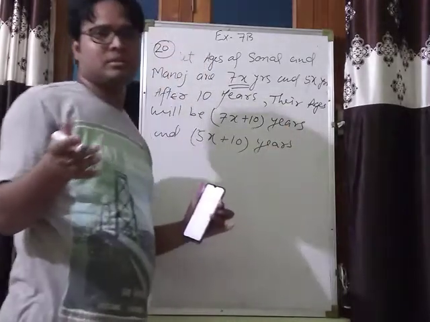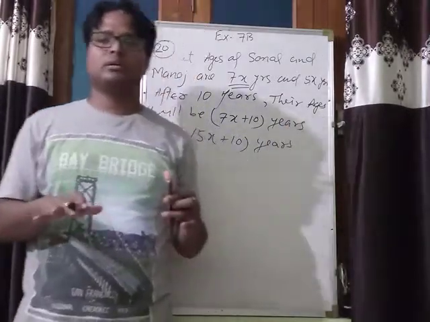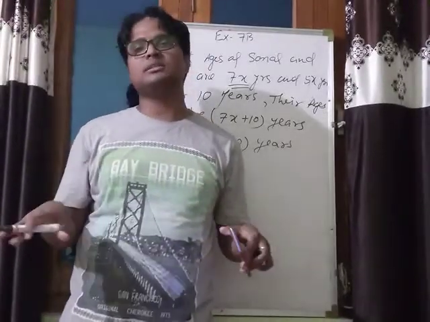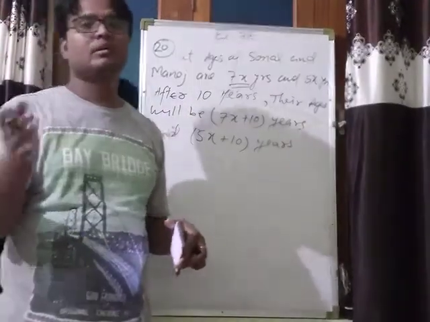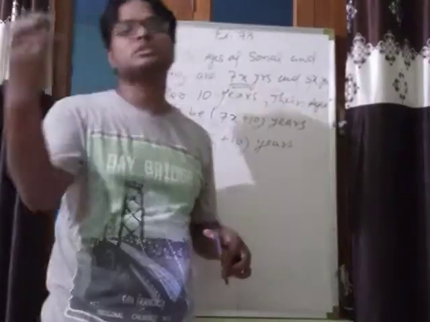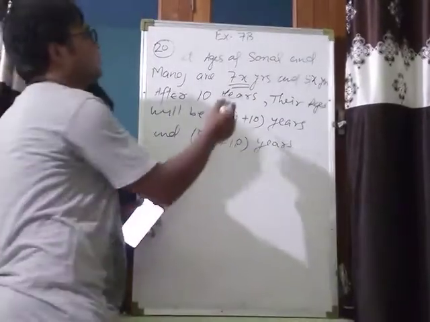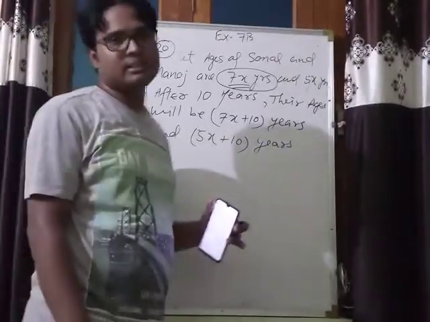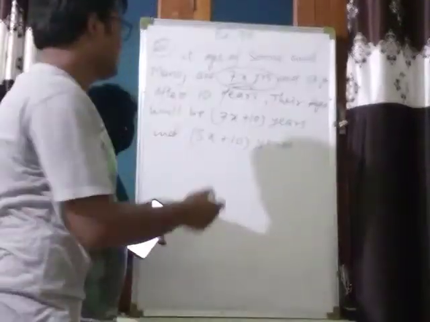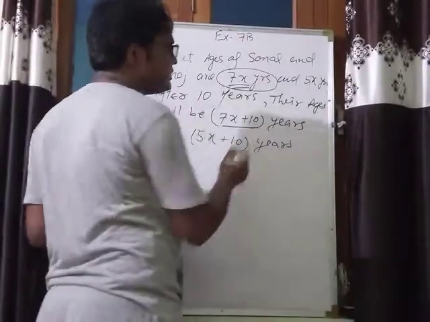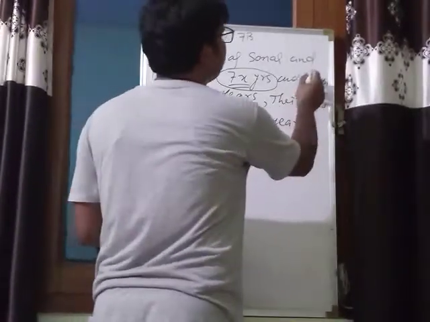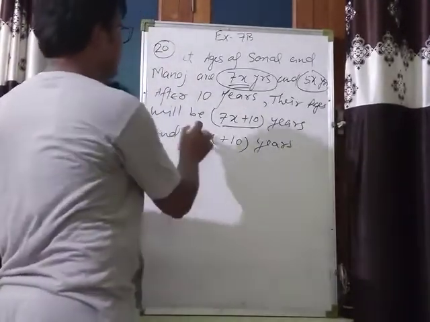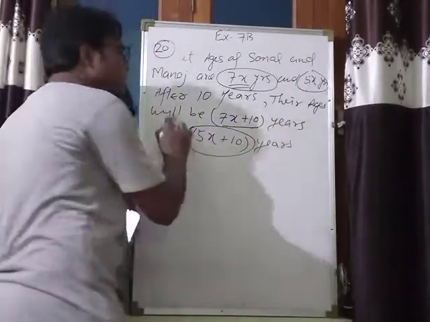If today my age is 30 years, then after 10 years I will be 40 years old. Why? 30 plus 10. So at present the age of Sonal is 7x years, so after 10 years her age will be 7x plus 10, and the present age of Manoj is 5x years, so after 10 years his age will be 5x plus 10.